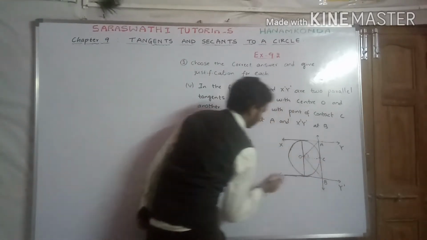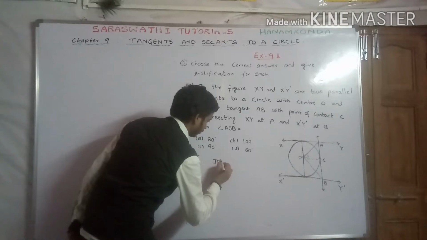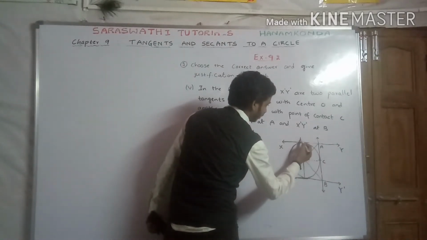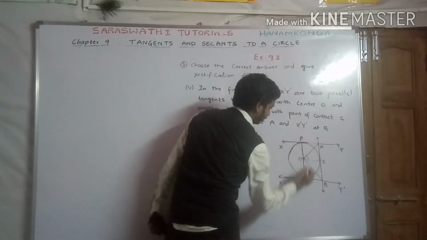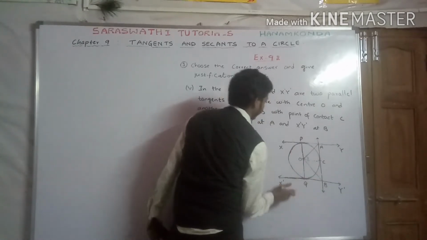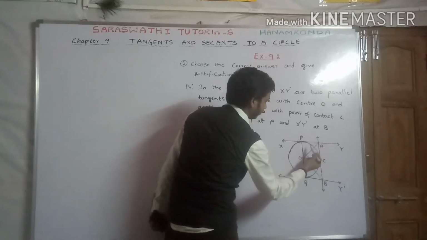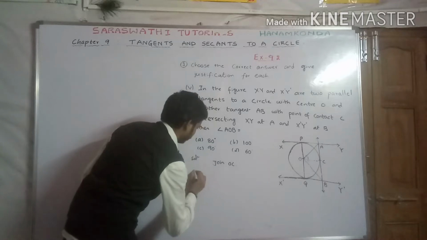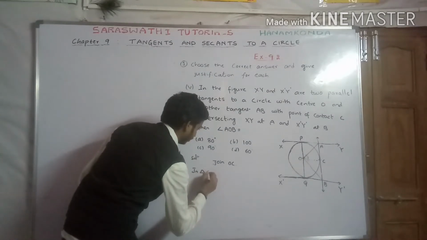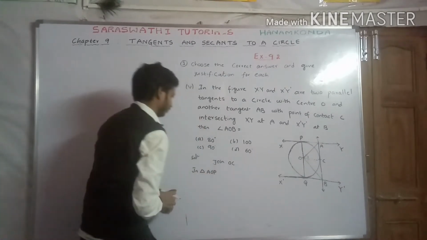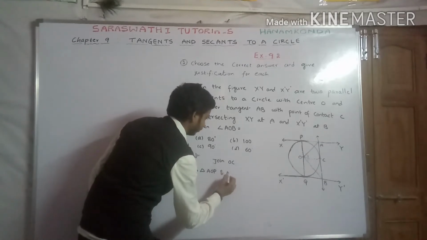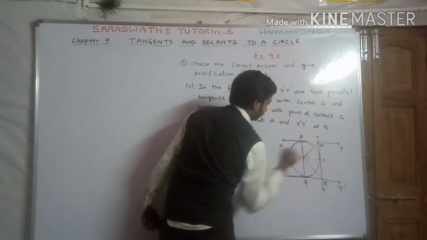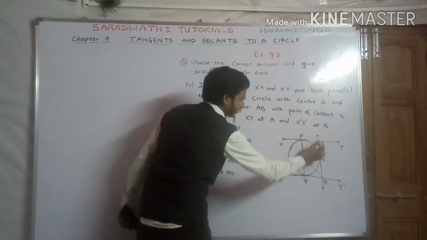The first step is to join OC. Let us take these points as P and Q. Now consider triangles AOP and AOC. In both triangles, OA equals OA, the common side.